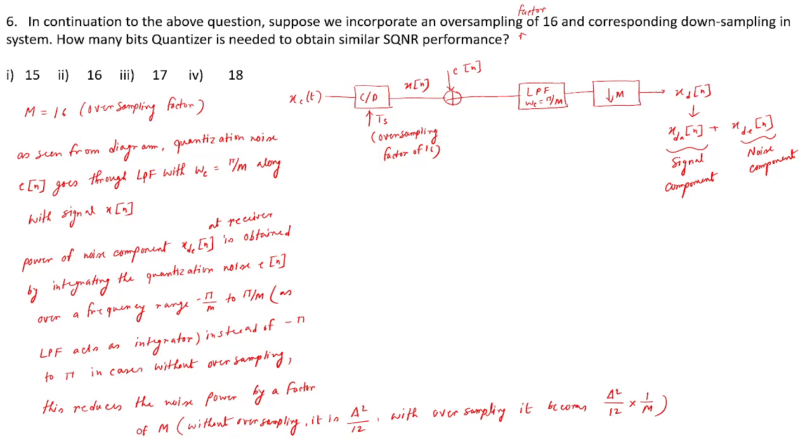That reduces the quantization noise power by a factor of m, which means it increases the SQNR by a factor of m. And in terms of dB, it is captured in the following expression, which you can also find in the lecture. It is as follows: with oversampling, the SQNR is given as 6.02.